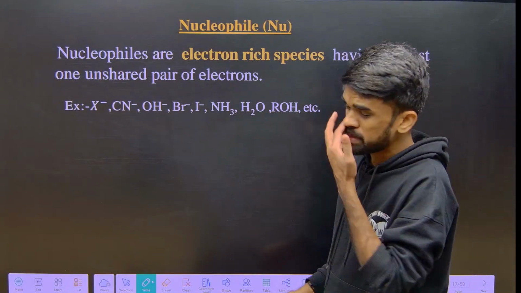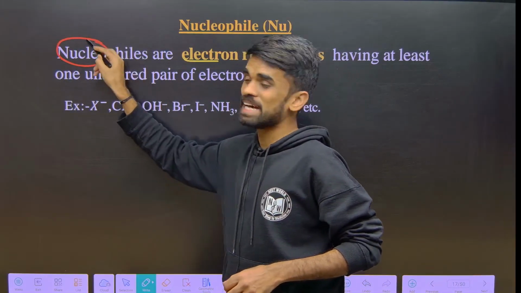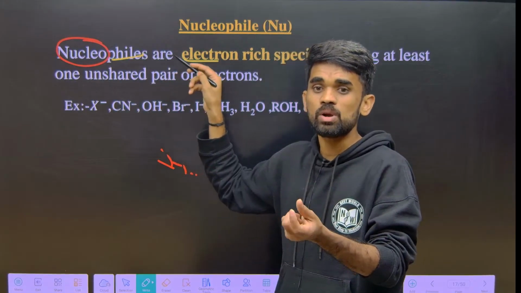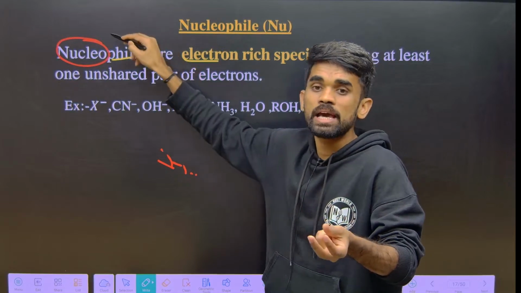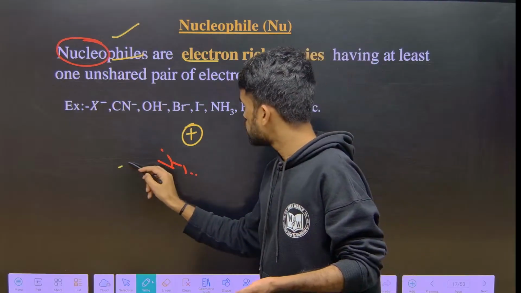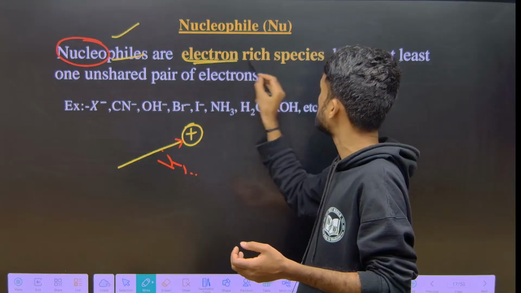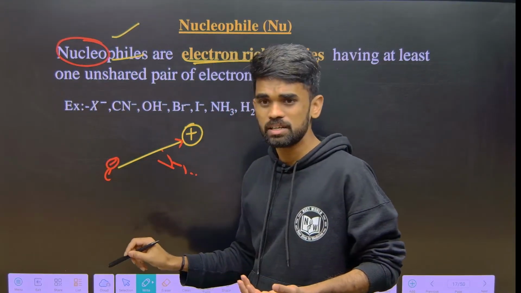Nucleophiles: nucleo means nucleus, phile means love. The species which have love, affinity, or attraction towards the nucleus, meaning positive charge. If the species have affinity towards positive charge, we can call them electron rich, because electron rich means they have negative charge on them.